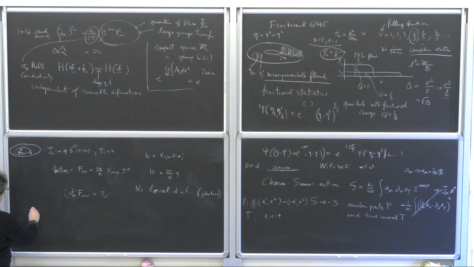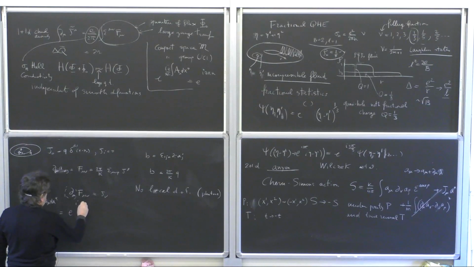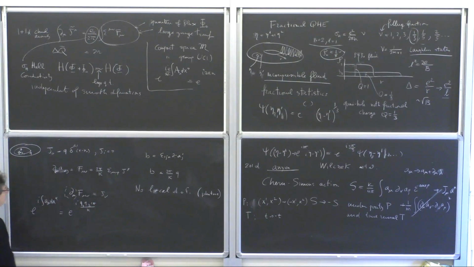The Aharonov-Bohm phase will again be evaluated by this integral of the gauge field, and this will be Q1, Q2, 2 pi over K. So if these particles have a fractional charge, they also have fractional statistics.